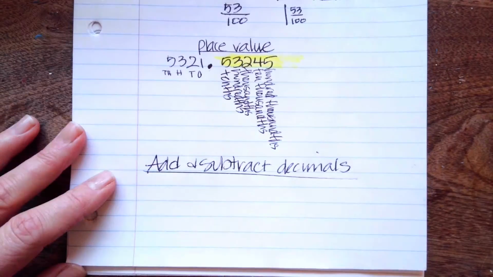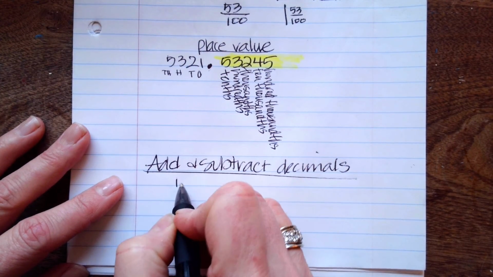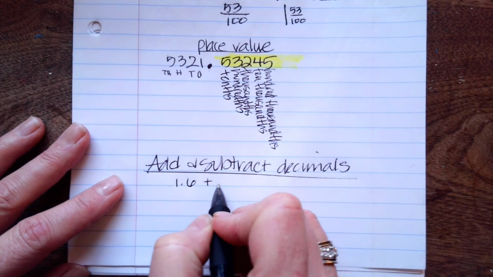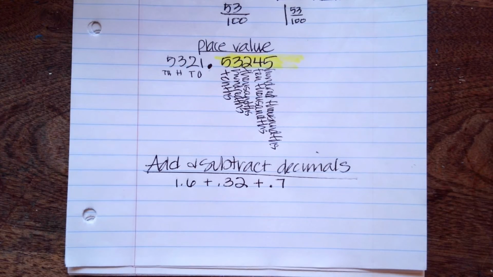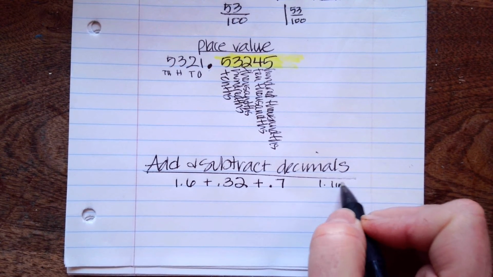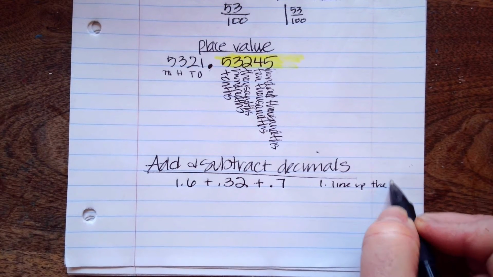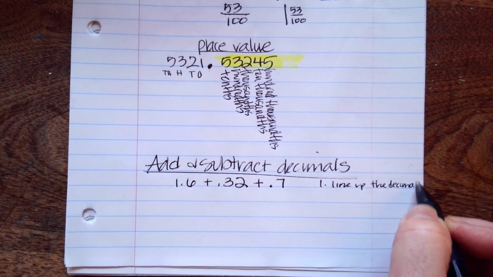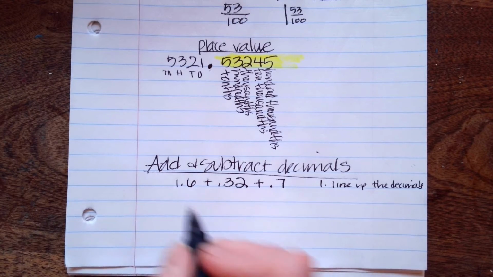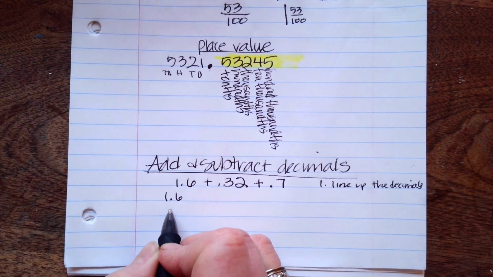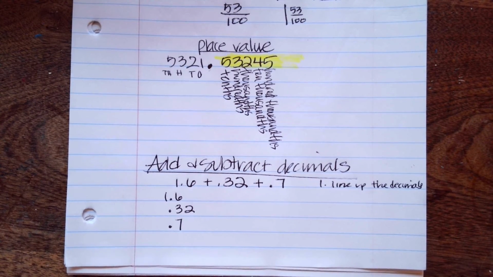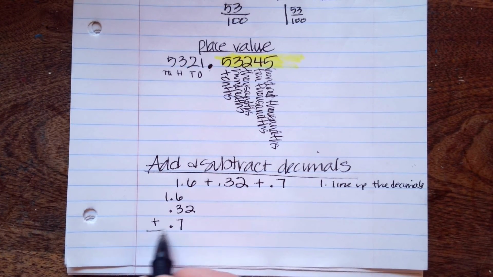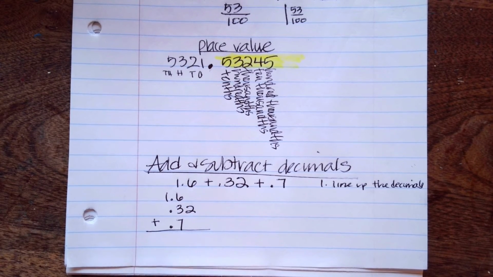So if you had 1.6 plus 0.32 plus 0.7, and you are going to add those up, our first rule is to line up the decimals of each number. So we're going to do 1.6, 0.32, and 0.7. And then we're adding them together, but doesn't this look kind of crazy?